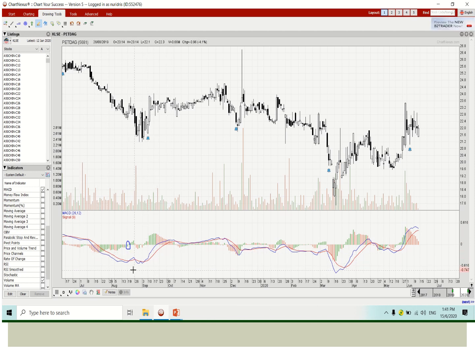Here is the intersection. When the MACD line crosses from the top and dives to the bottom, this is a signal to exit the market or a signal to sell.